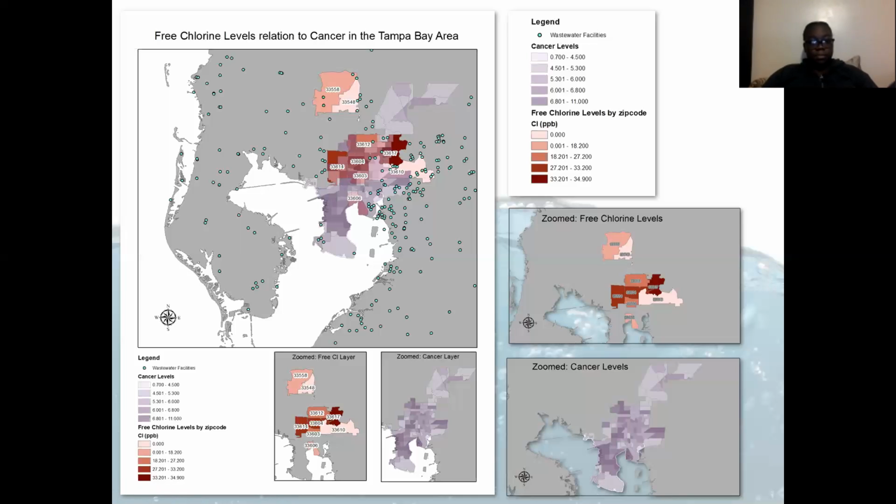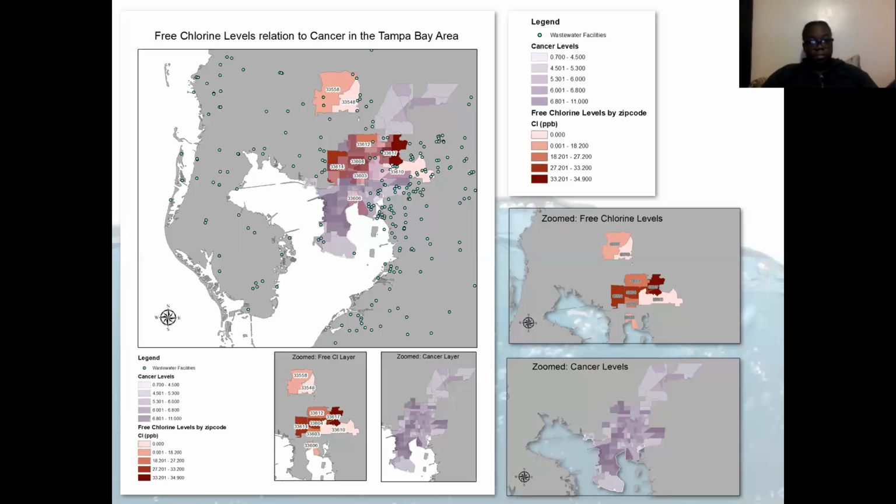I also wanted to put the wastewater facilities on here because I wanted to see if there's a bigger distance between the wastewater facilities and the high free chlorine levels.